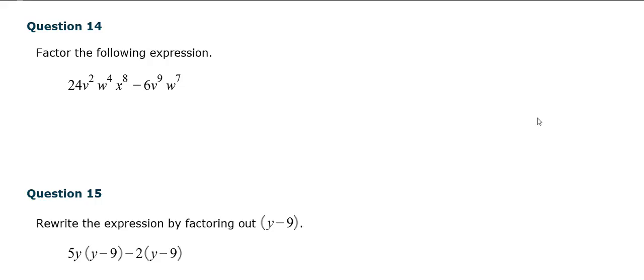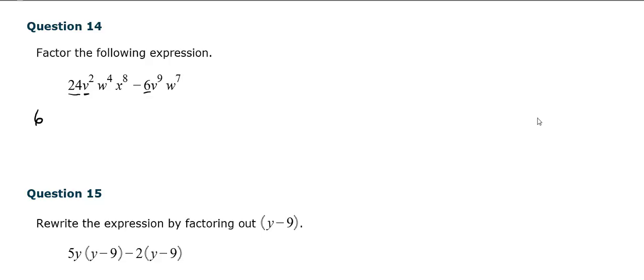Our next example, 24v squared w to the fourth x to the eighth minus 6v to the ninth w to the seventh. So again, we're looking for the greatest common factor of 24 and 6 first, which is 6. And now remember, for our variables, it has to be in both.